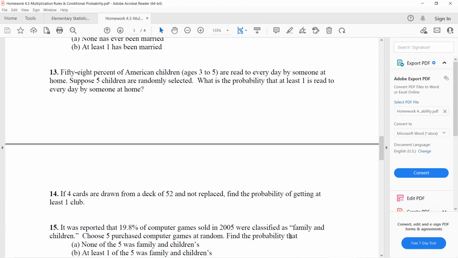So one of the ways to approach this problem would be to do this. We would say, okay. So we have, this is 13.